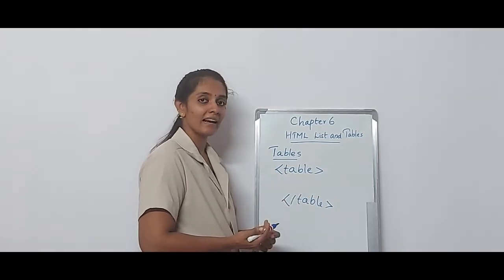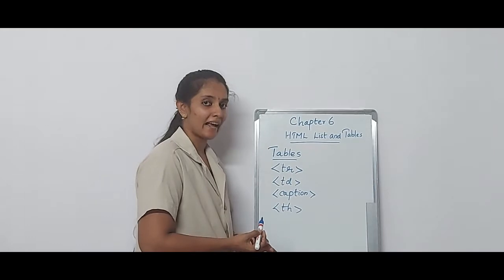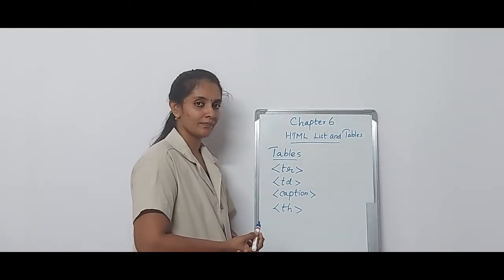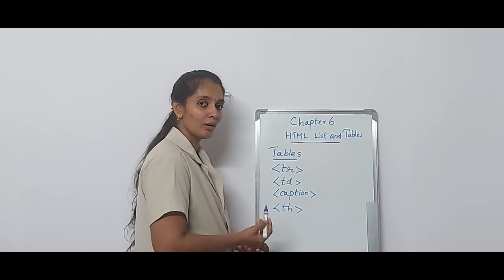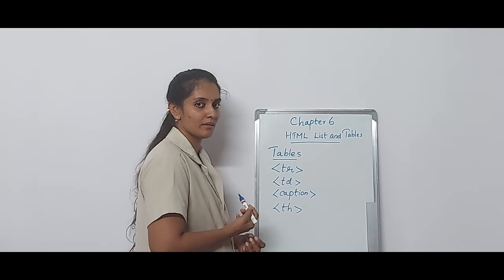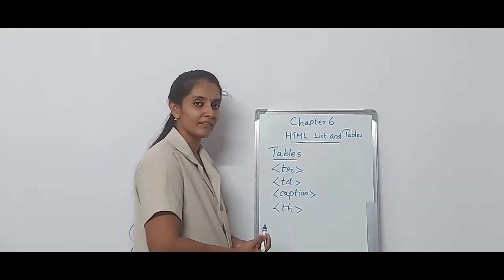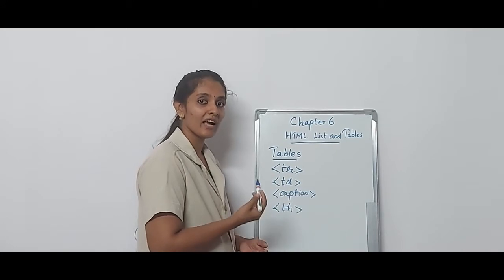This table tag contains many child tags. These are the child tags of the table tag. The first one is TR, that means table row. It is used to represent each row in a table. The second one is TD, table data, which represents data in a cell.